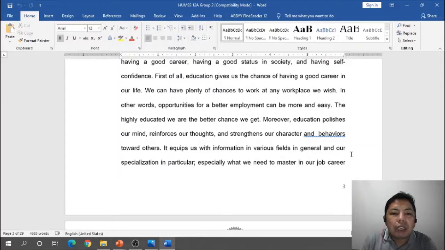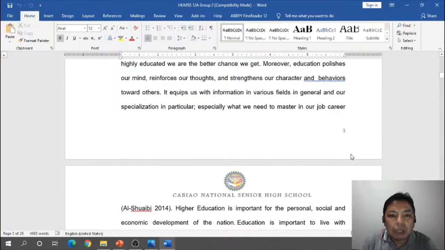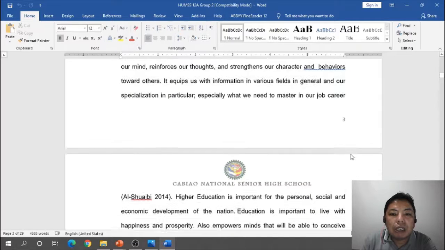The higher educated we are, the better chance we get. Moreover, education polishes our mind, reinforces our thoughts, and strengthens our characters and behaviors towards others. It equips us with information in various fields in general and our specialization in particular, especially what we need to master in our job career.